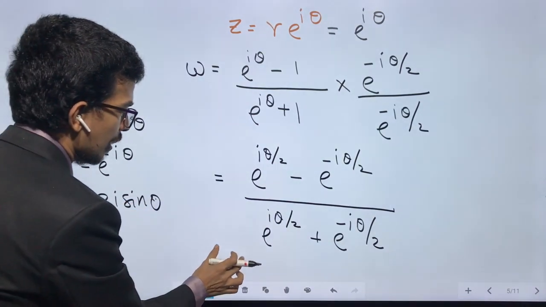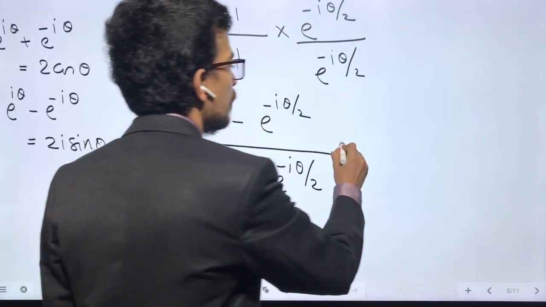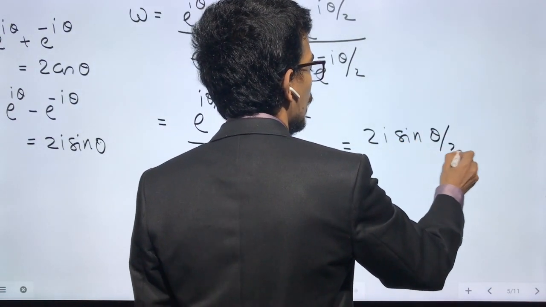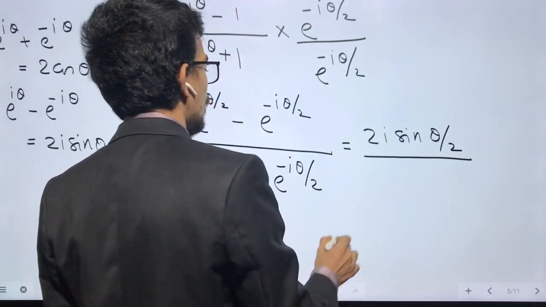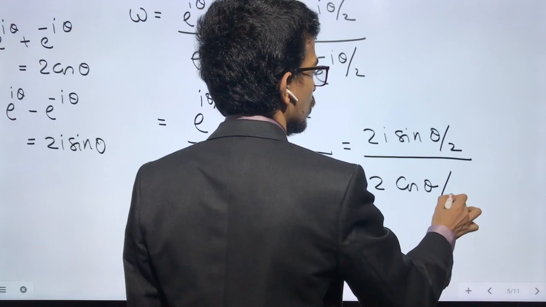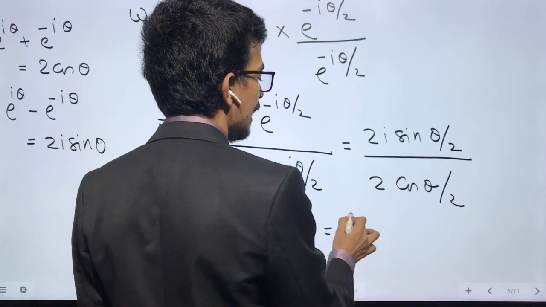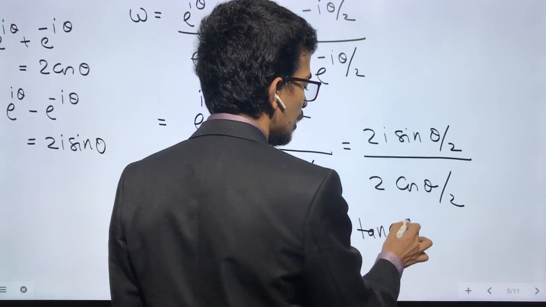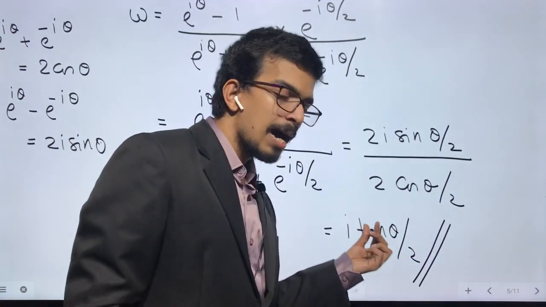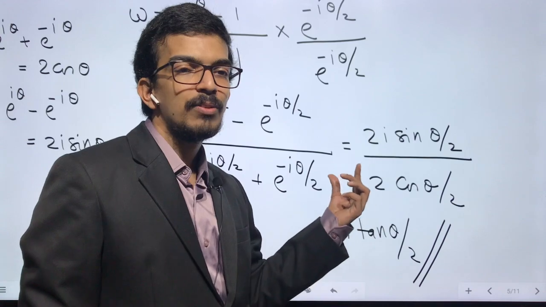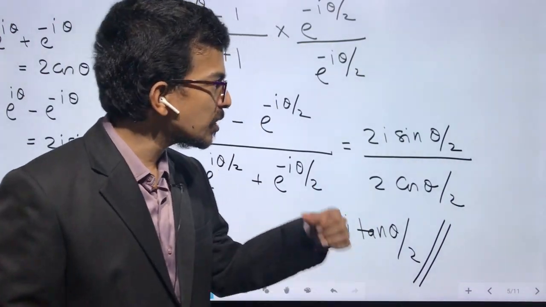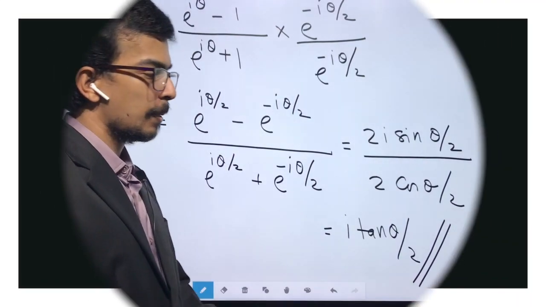So in this case the numerator is 2i sin theta by 2, and the denominator is 2 cos theta by 2. So 2 gets cancelled. This is i tan theta by 2, just like in the previous case. This is a purely imaginary number, hence the real part is 0. So that was our fourth way of doing it.